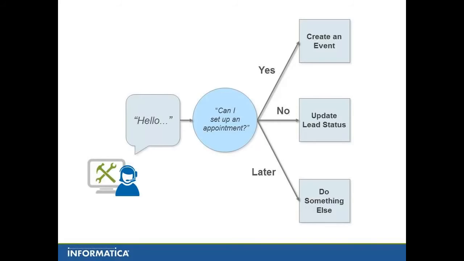So in our scenario, we're going to provide the rep with a call script that's embedded inside of the lead view. And when the rep reaches the end of the telesales script, he's going to be prompted to ask a question. Can I set up an appointment, in this case, for a demo? If the prospect answers yes, then we're going to automatically create an event on the lead record, and that will contain the date and the time of the demo.